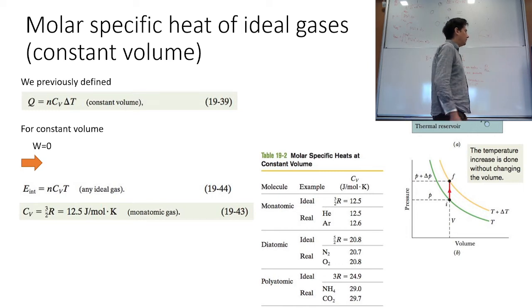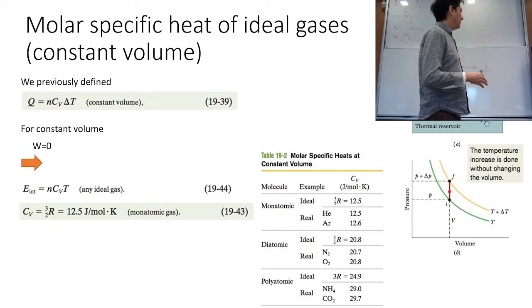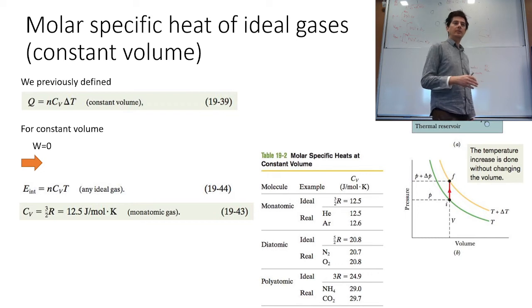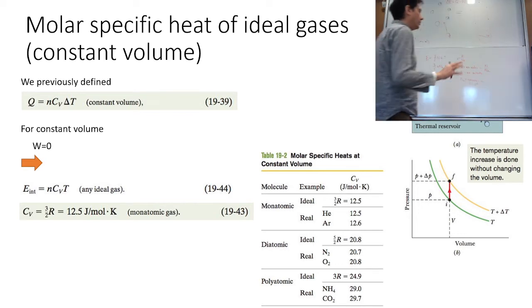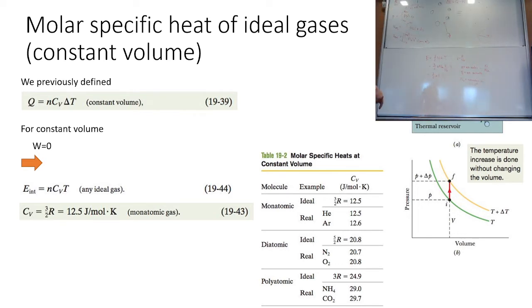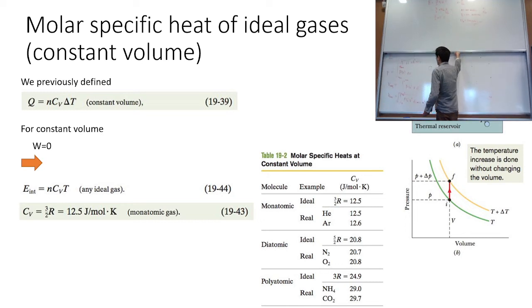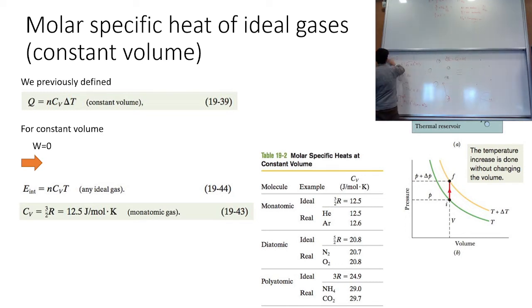What we can do is start getting explicit expressions for the heat, the work, and the internal energy change for all those different processes. Maybe we can start filling in a table as we get all these results.